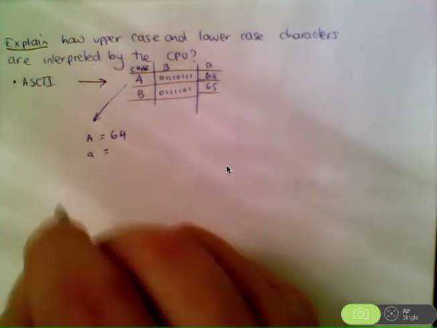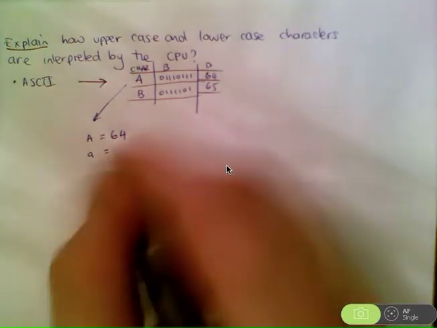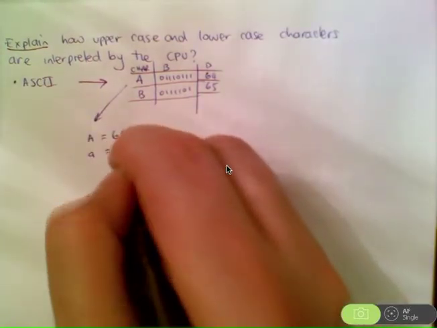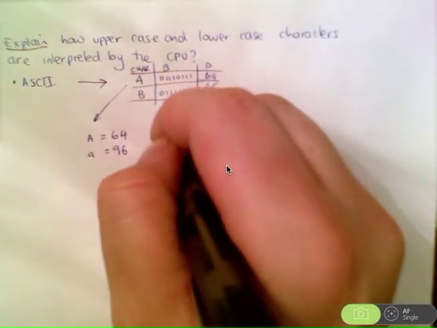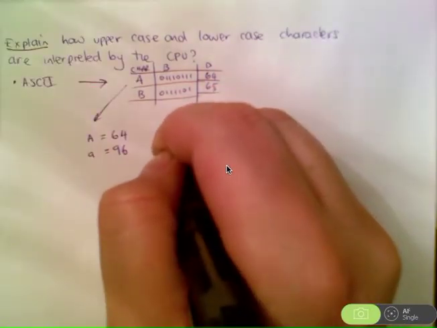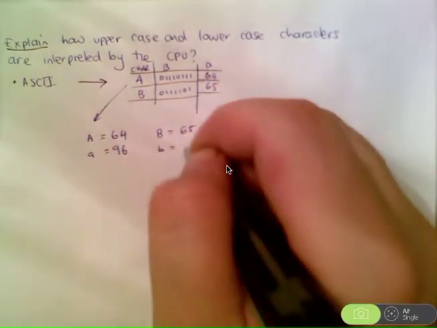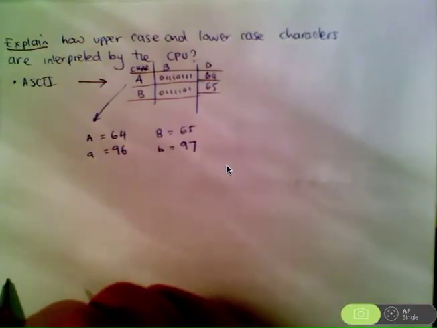So we add 32 to 64, which equals 96. That's the difference between the two of them. If we look at B, if it was equal to 65, lowercase b would be equal to 97, just a 32-bit difference.